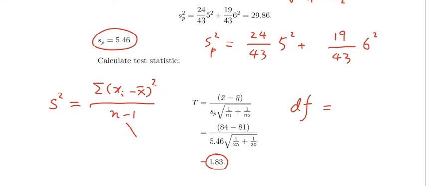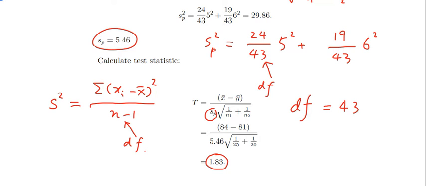So this denominator is the degree of freedom. This is the pooled variance, and for pooled variance the denominator is 43. This is the degree of freedom.